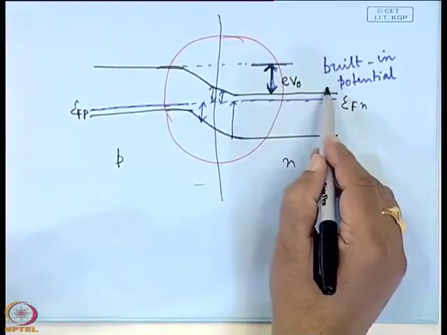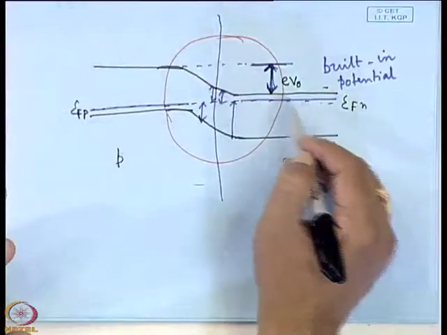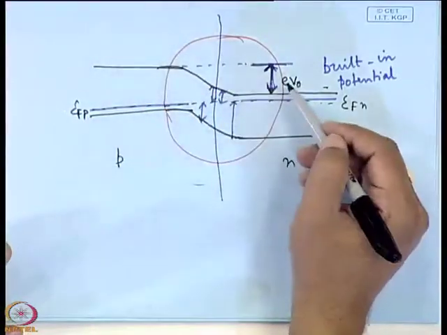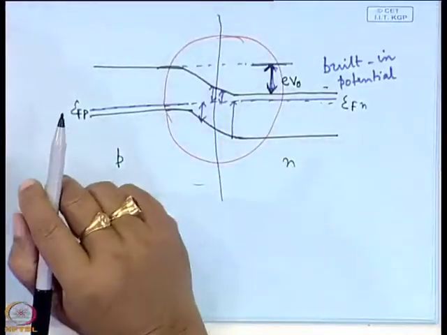Now, if an electron moves from here to here, you will have to cross a barrier of energy EV0. Unless the electrons are energized with EV0 amount of energy, electrons will not be able to cross the barrier.